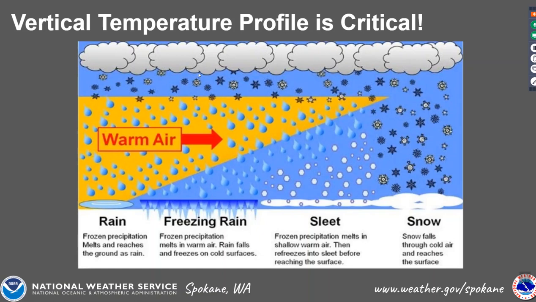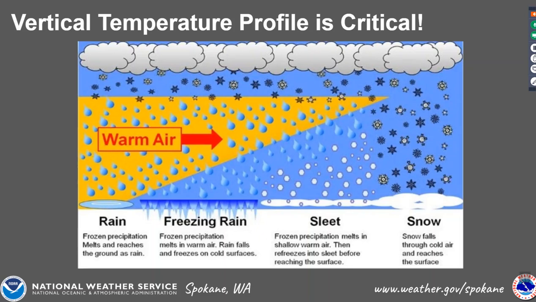Now, there's another scenario where it starts as snow, it moves into the warm layer, it melts to rain, and then it's just got this little depth right here to fall through below freezing temperatures, but it doesn't have enough time to refreeze. But it's cold enough at the surface.